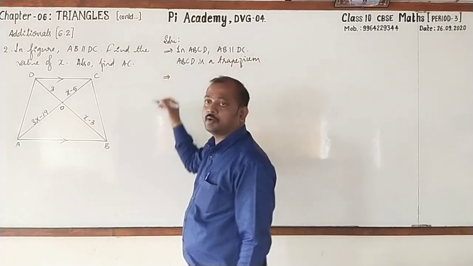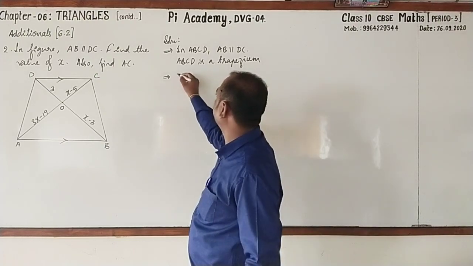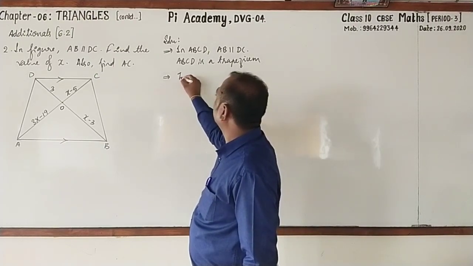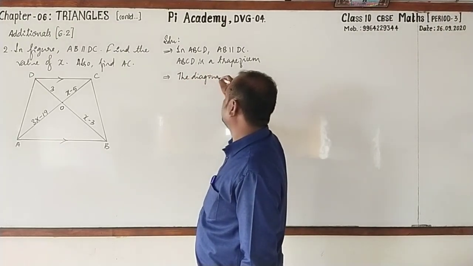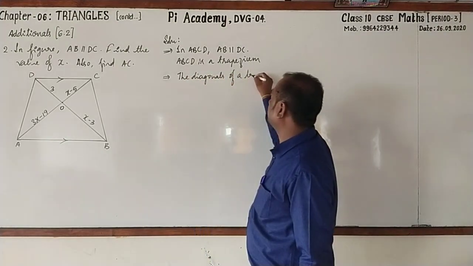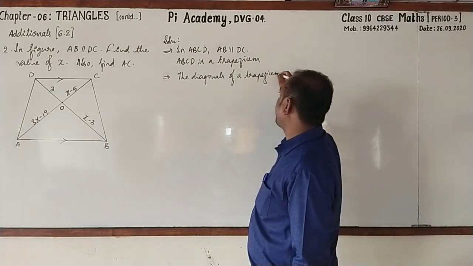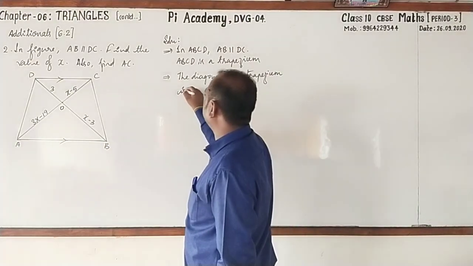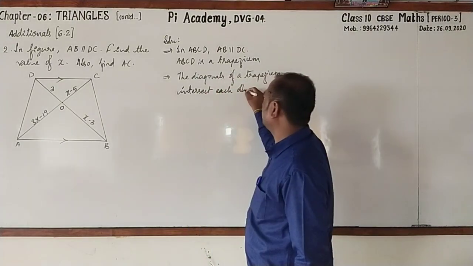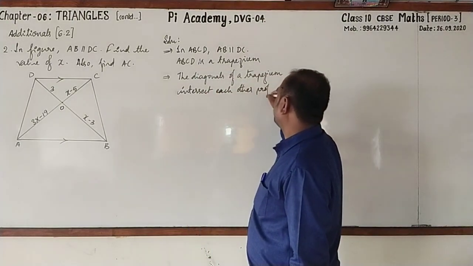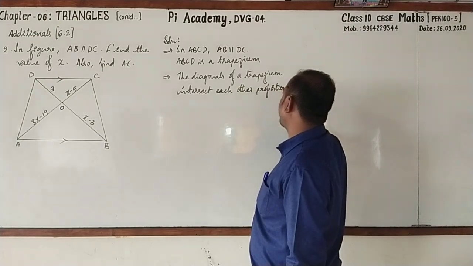Got it? Now, let's write one of its property. The diagonals of a trapezium intersect each other proportionately.